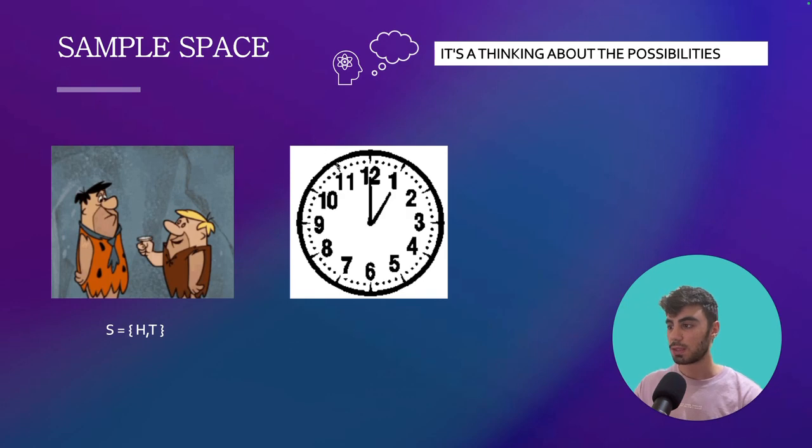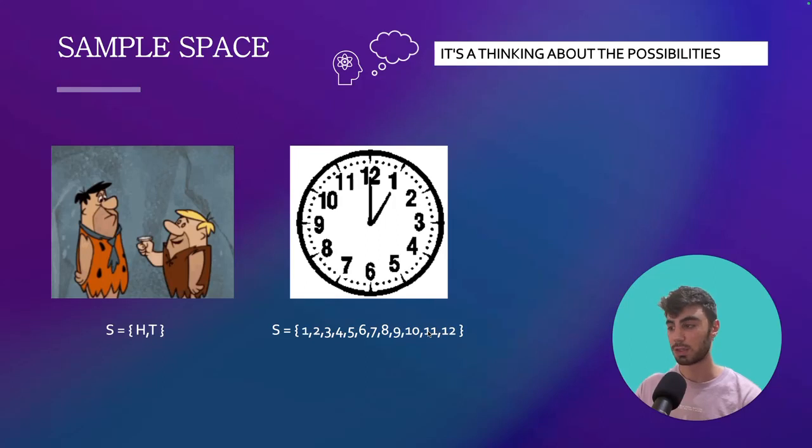This next example can be a little confusing, because I want you to forget about the minutes or seconds on the clock right now. Just focus on the numbers, okay? The hours. So what can be the sample space here? Remember, we need to think about the outcome. So is the sample space from 1 to 12?